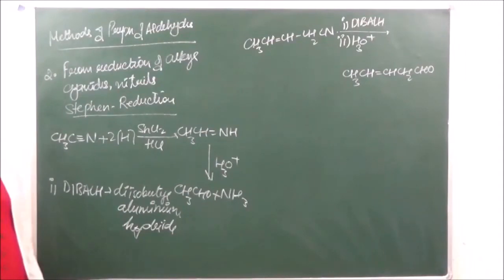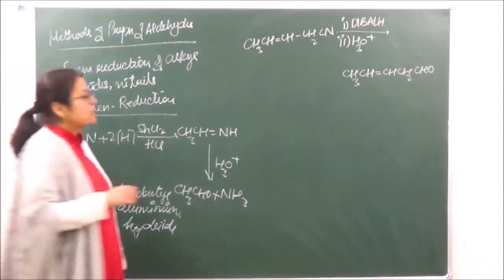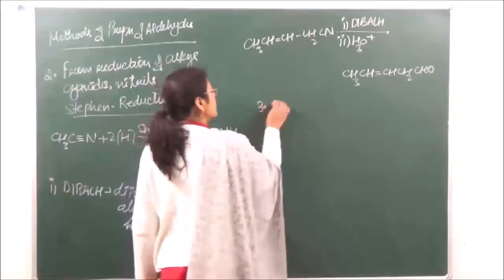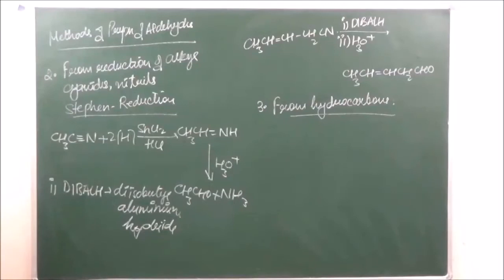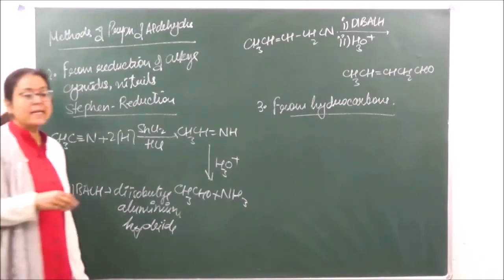Now the third one which we are going to do is from hydrocarbons. In case of hydrocarbons, oxidation of methyl benzene can be done by alkaline KMnO4.